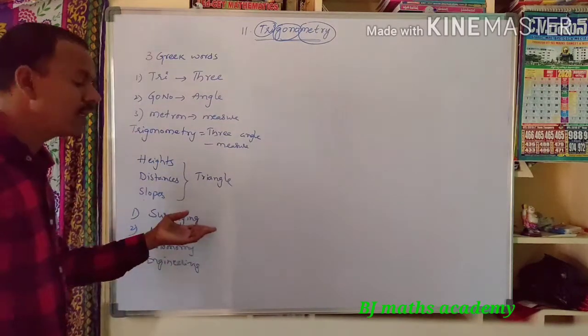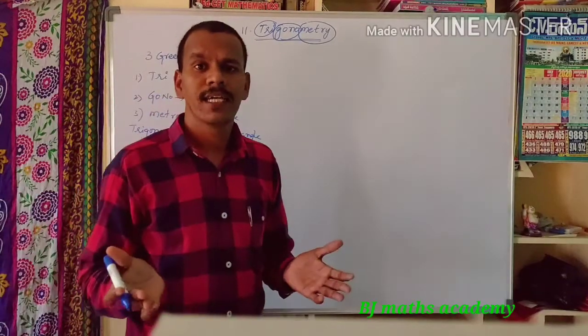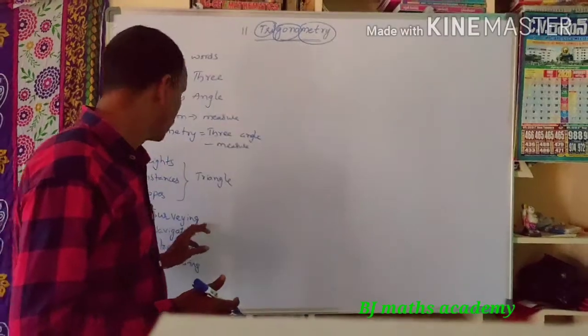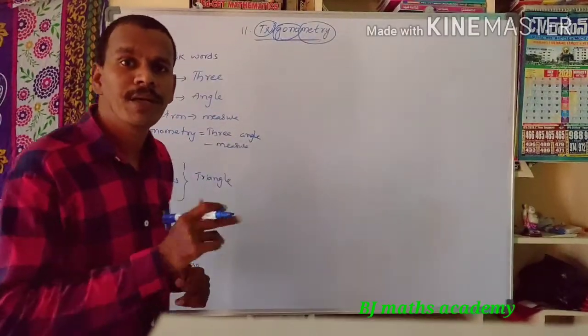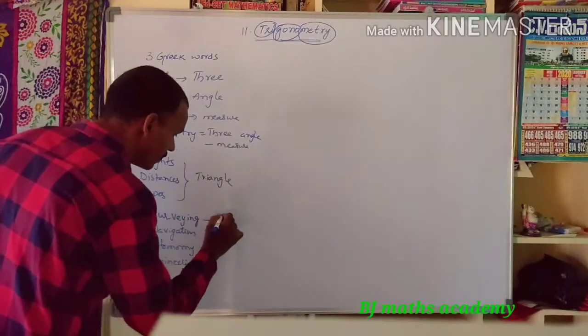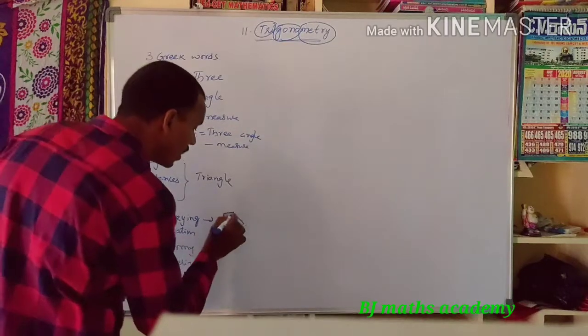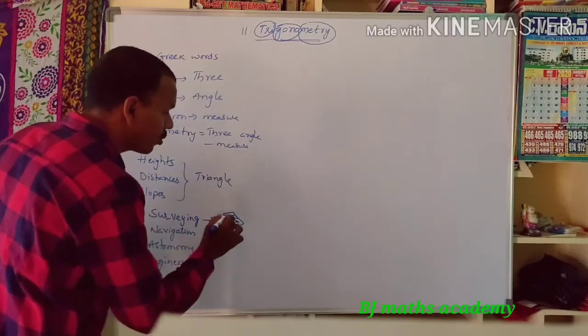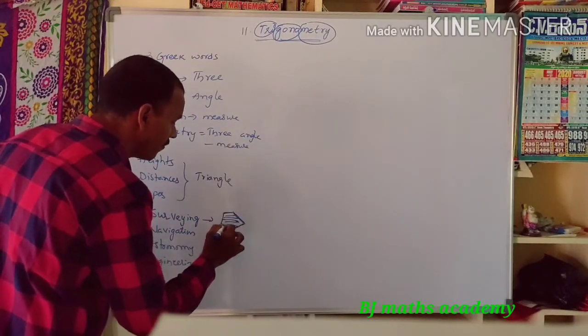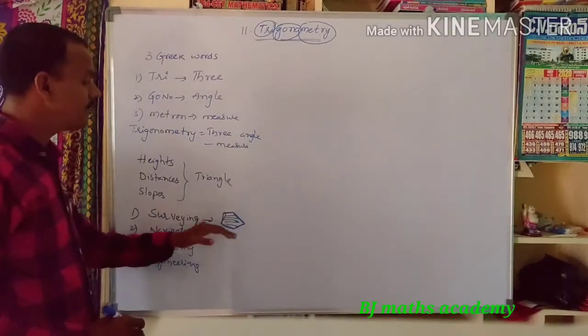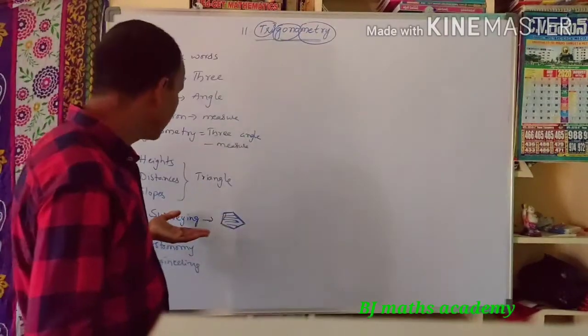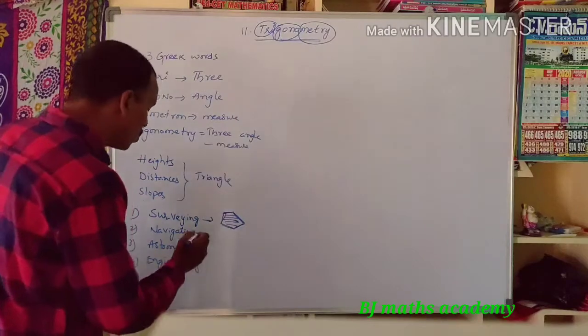In surveying, we can find the areas and perimeters of fields. For example, if it is a field, we can find the total area of the field and the perimeter of the field. For that we can use trigonometry in surveying. Next, navigation.